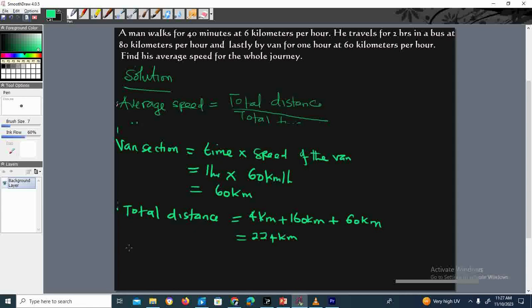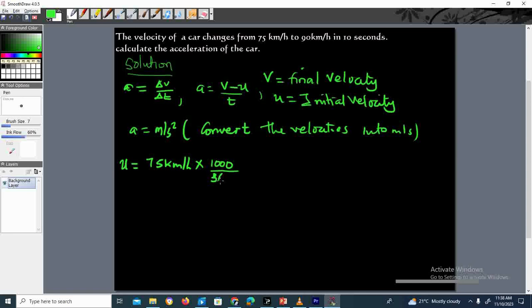Total time is going to be given by he walked for 40 minutes, which is 40 over 60 hours, plus he traveled by bus for 2 hours. There are 60 minutes in 1 hour, and each minute has 60 seconds.